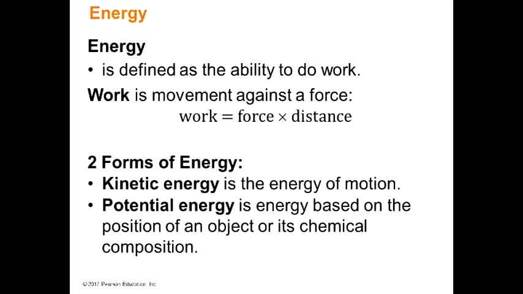So let's talk about the composition first. That's why there's certain foods you eat, because you say that's going to give me more energy because it has more potential energy in there. That apple has potential energy, the banana has potential energy, the grapes have potential energy. Even the Snickers bars and the bean burritos from Taco Bell, they all have potential energy.